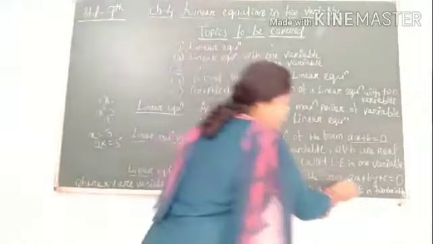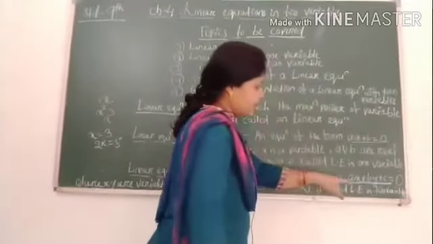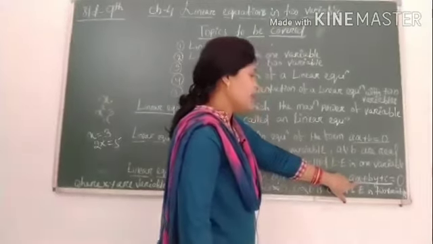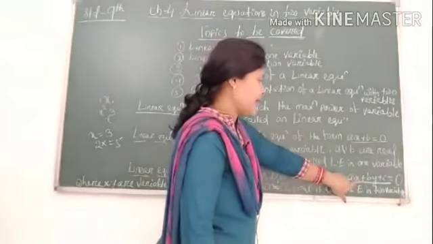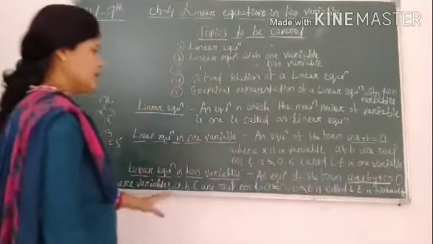See, your general form of linear equation in two variables is ax plus by plus c is equal to 0.